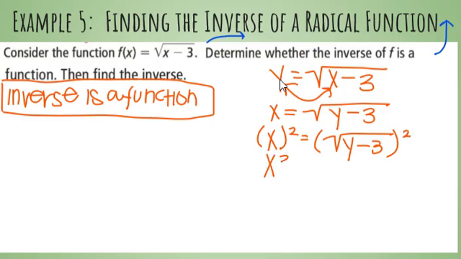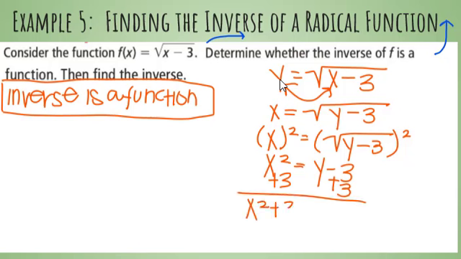So we have x squared is equal to y minus 3, and then add the 3 over. So we have x squared plus 3 is equal to y. So that gives us g of x is equal to x squared plus 3.